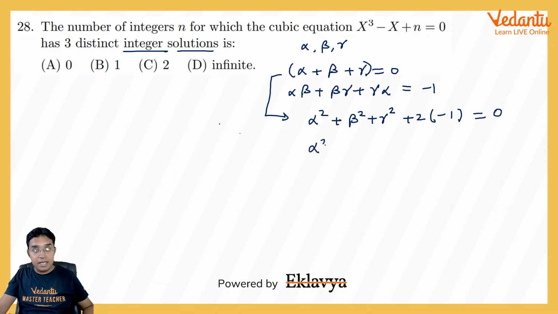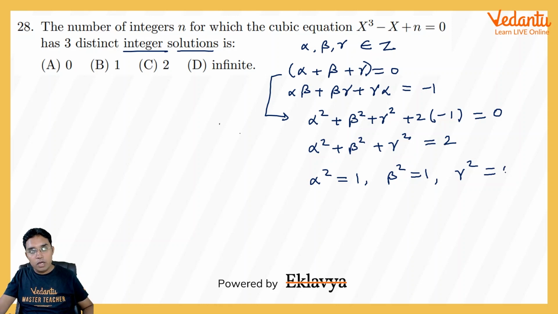And that is the very, very important step of this question, that we will be getting alpha square plus beta square plus gamma square is equal to 2, where alpha, beta, gamma all are integer, distinct integer rather. So if they are distinct integer, I think we can have alpha square to be 1, beta square to be 1, and gamma square to be 0. That is the only possibility, because we need 3 perfect squares and their sum to be 2. That is the only possibility.